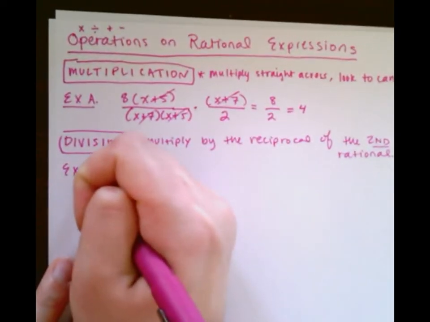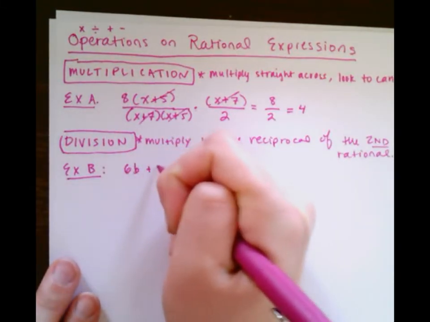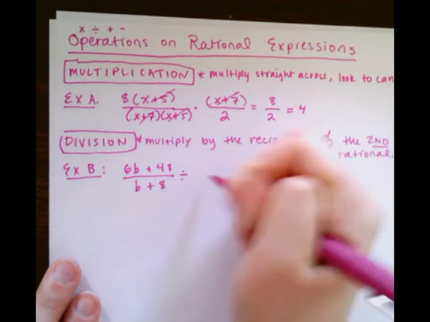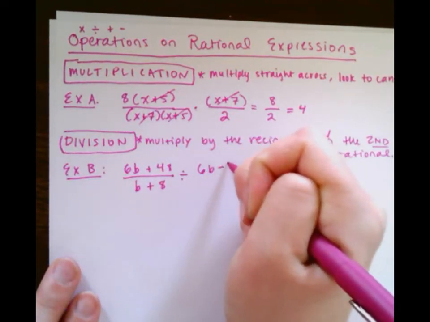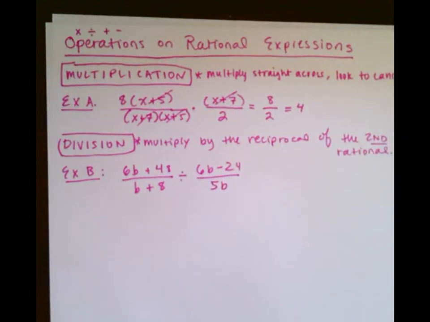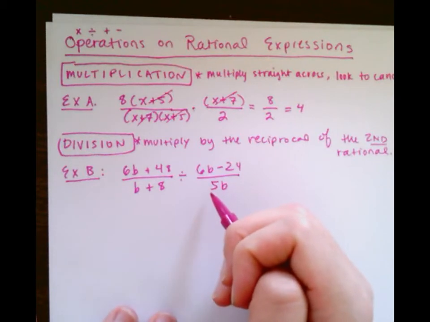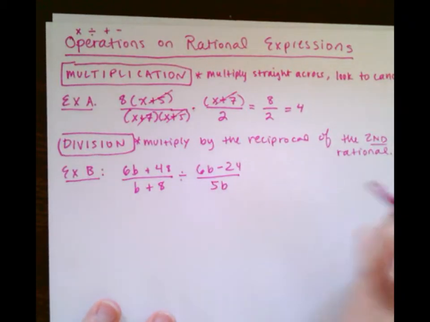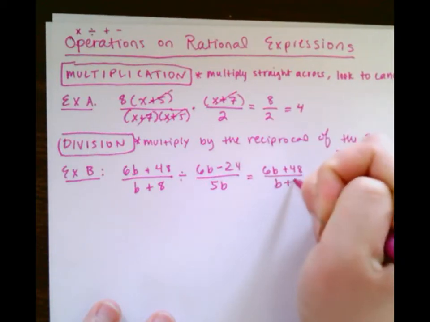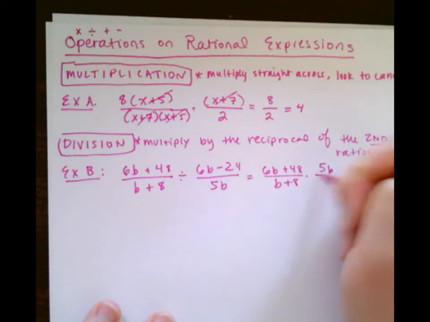So this will be example B, and it is 6b plus 48 over b plus 8 divided by 6b minus 24 over 5b. Remember, dividing by a fraction is the same thing as multiplying by the reciprocal of that fraction. So this is equivalent to 6b plus 48 over b plus 8. I didn't change the first one, I just brought it over, times, now I'm going to flip the second because that's the reciprocal.